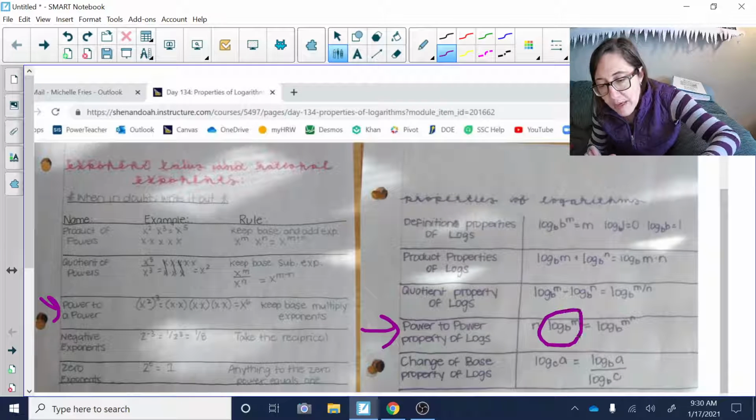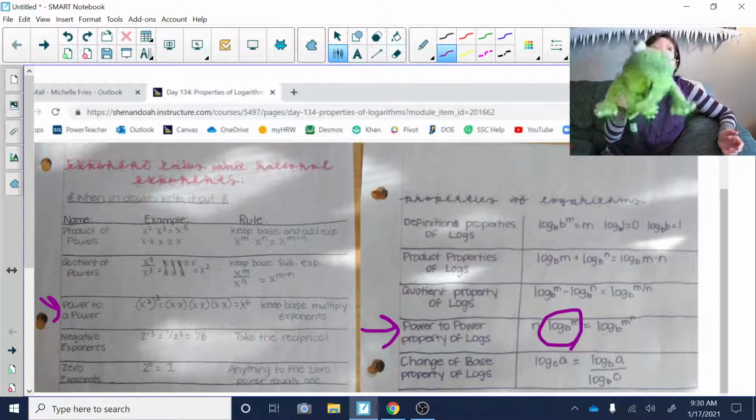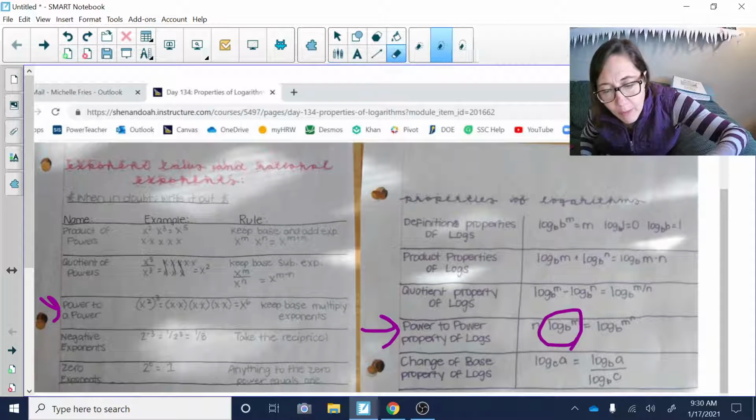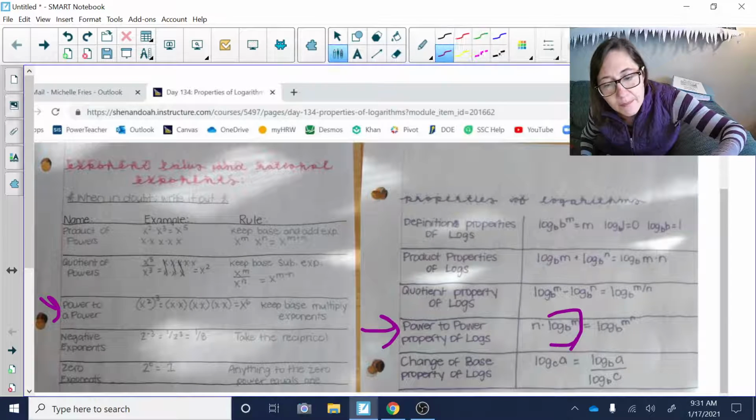So I have a log base b of m right here. What does the logarithm tell us? An exponent. And we are multiplying. Do you see how this is getting multiplied by the n? Let me erase the rest of that.